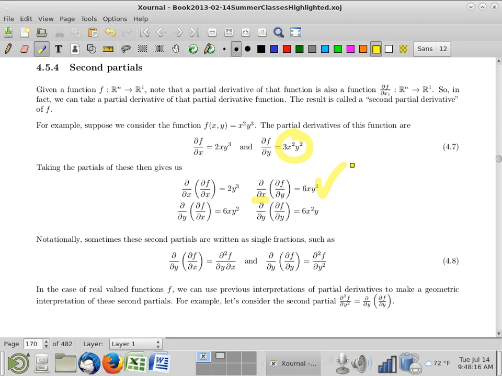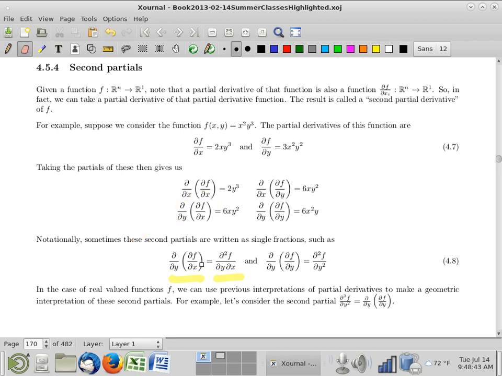A notational observation: this notation here, sorry, I pointed at the wrong one, this notation here sometimes gets compacted and written like that. Very common notation, you'll see that all the time.